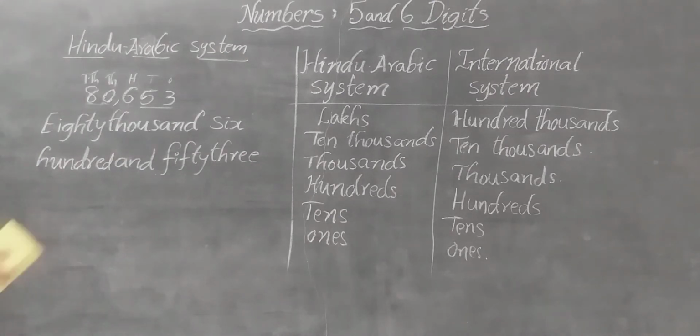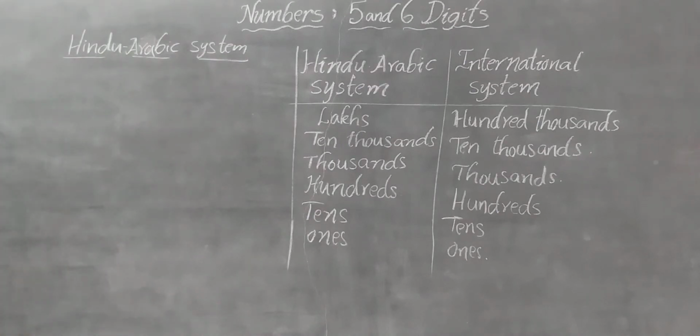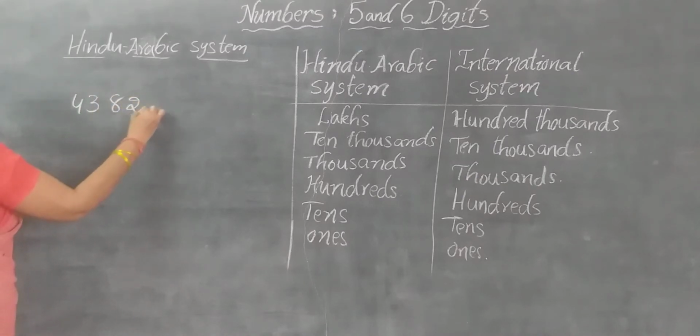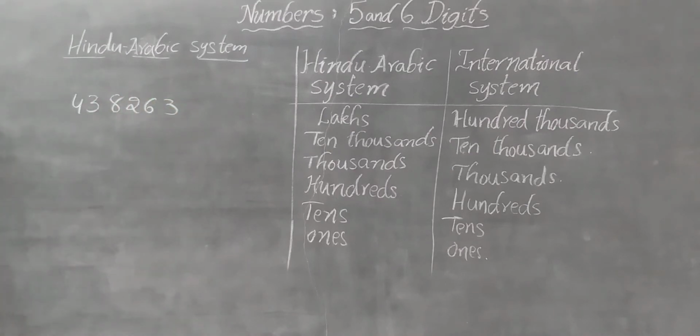This is a 5-digit number. I will write a 6-digit number here. How many digits are there? 6. Say the place values. Places: ones place, tens place, hundreds place.